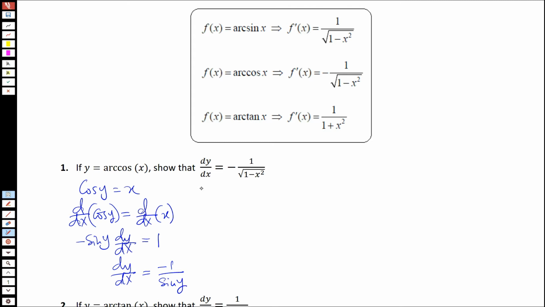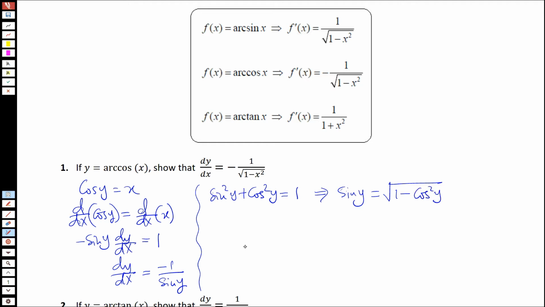But from the Pythagorean trig identity, we know that sine squared y plus cosine squared y is equal to 1. This implies that sine y will be equal to the square root of 1 minus cos squared y.